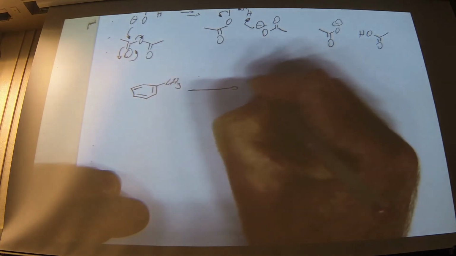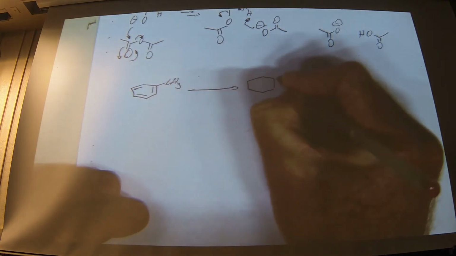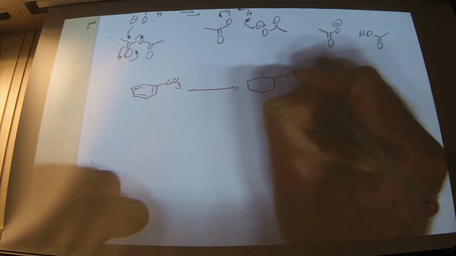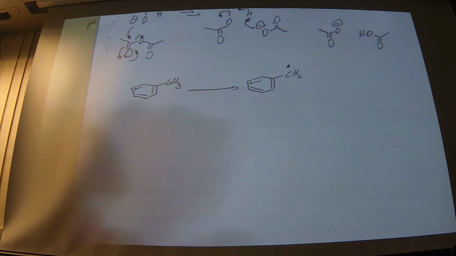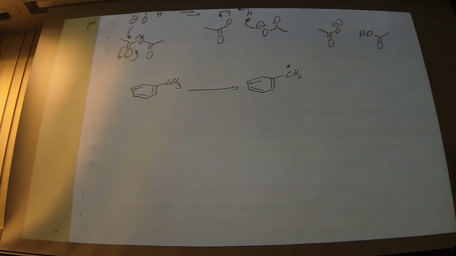The one kind was typified by radical generation, that you can use a radical chain mechanism to generate a stable benzylic radical, and then benzylic radicals can react in a chain to do, say, a benzylic bromination reaction. That's one side chain reaction.